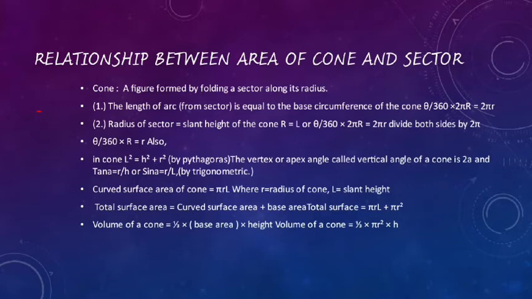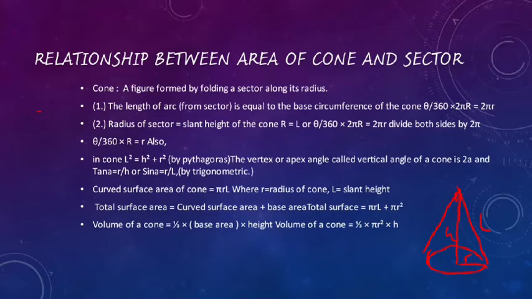Then the second thing is, after the cone has been folded, you have something like this, where this place is the height h, this place is the radius of the cone, while this place is the slant height. We call it the slant height of the cone.